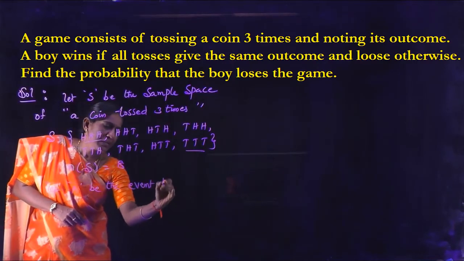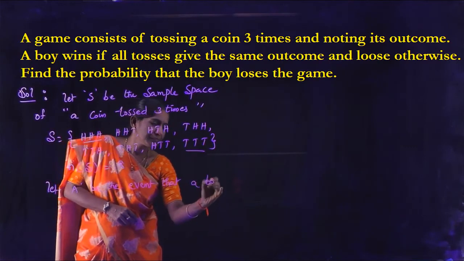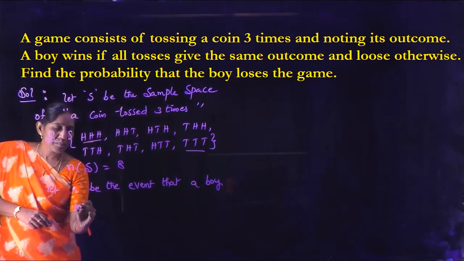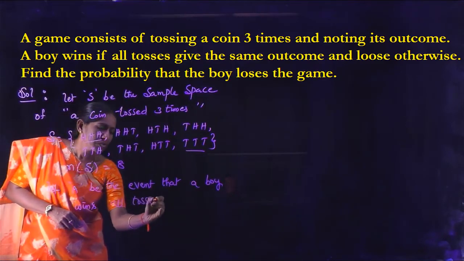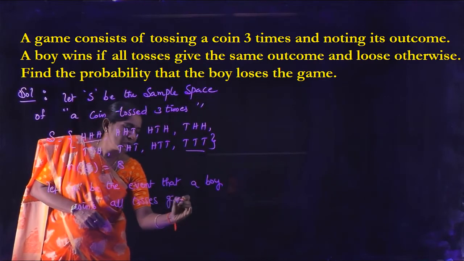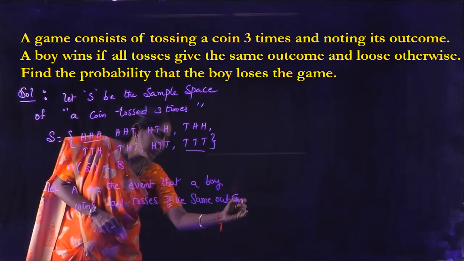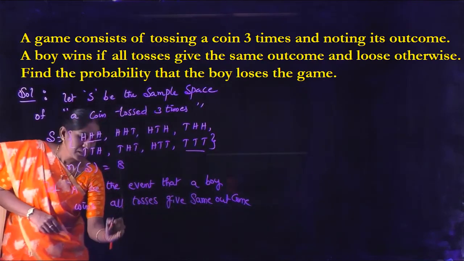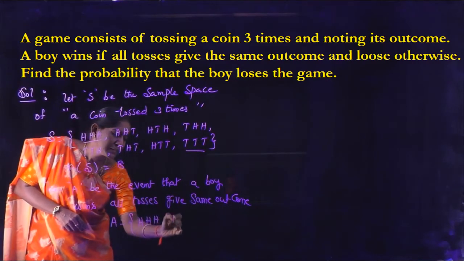Let A be the event that a boy wins, all tosses give the same outcome. Then A equals HHH, TTT.